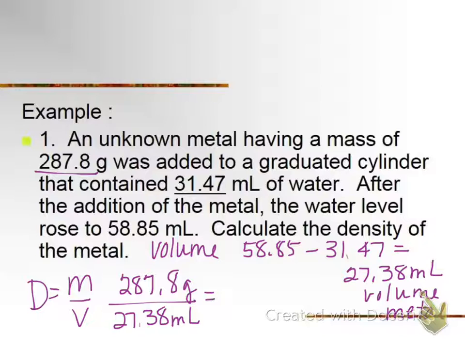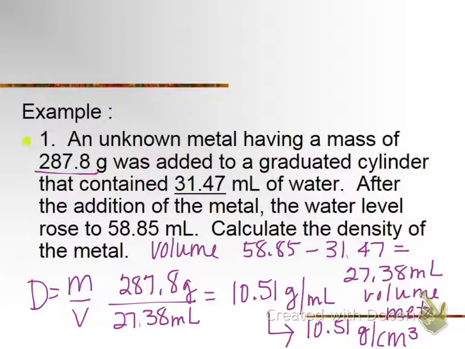And our answer in 4 significant figures, because both values have 4 significant figures, would be 10.51 grams per... it should be grams per milliliter because that's what we calculated, but because we know it's a solid, we would change that to grams per centimeter cubed, recalling from the beginning of the unit that 1 centimeter cubed is equal to 1 milliliter. That's why we can just change those units.